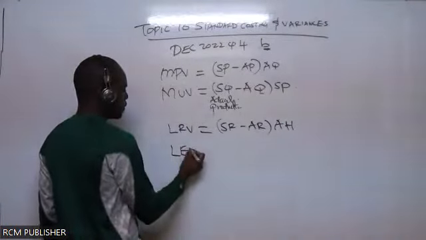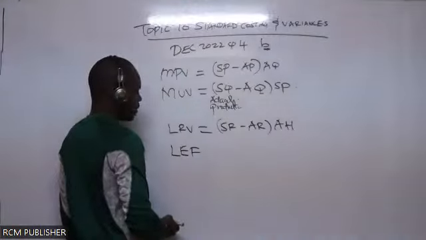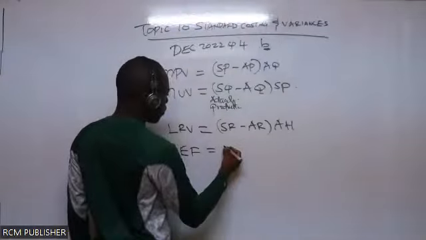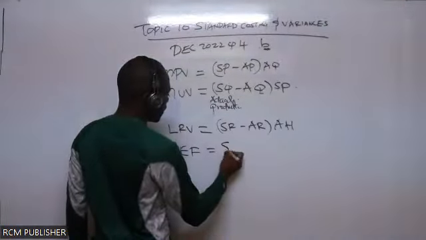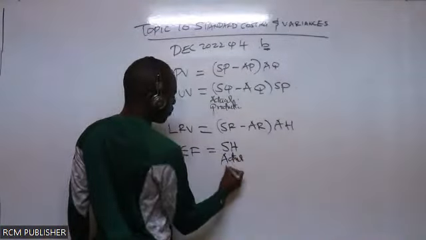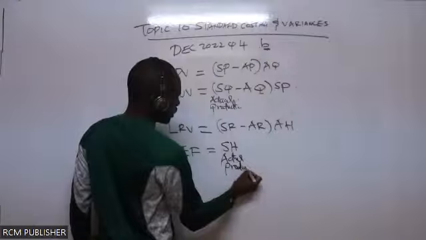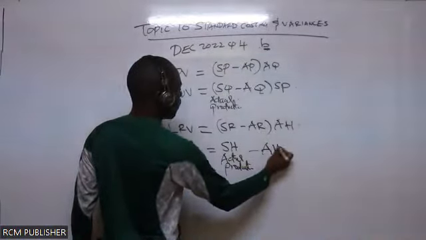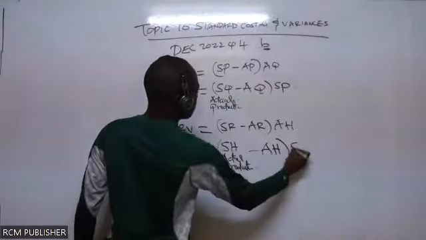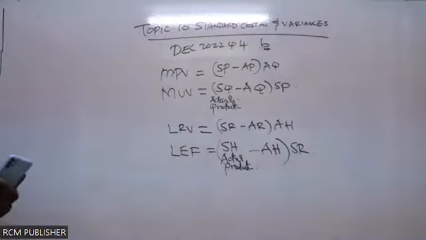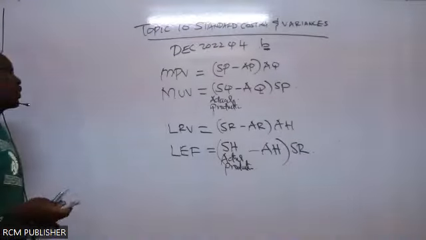Labor efficiency variance will be equivalent to standard hours of actual production less actual hours. Then everything there we multiply by the standard rate. Good. So that's what you need to know.